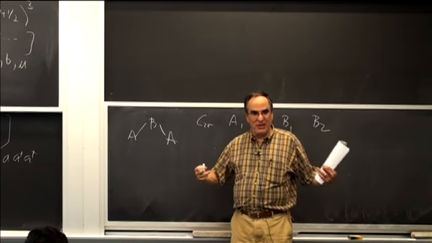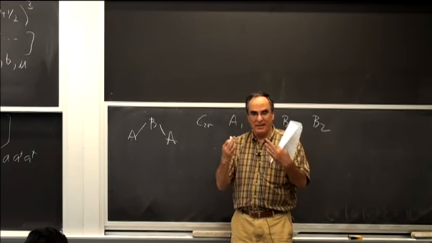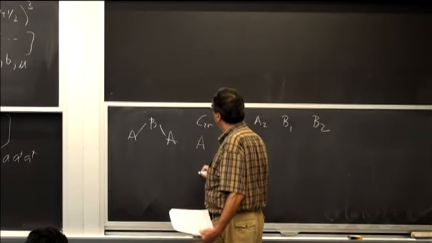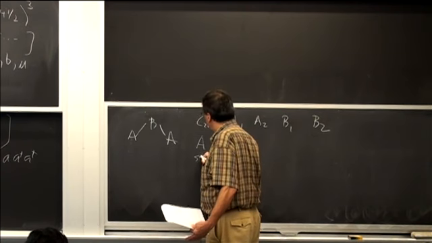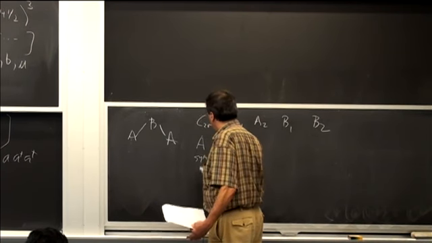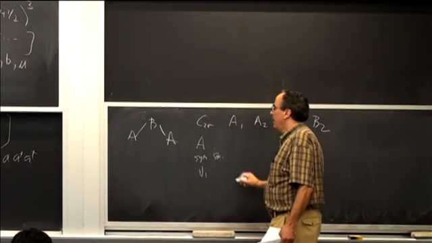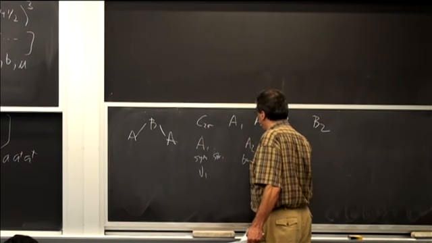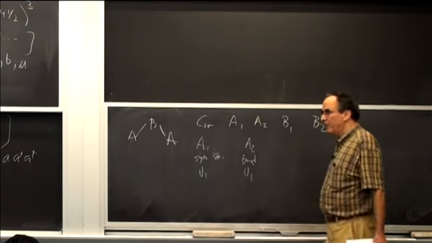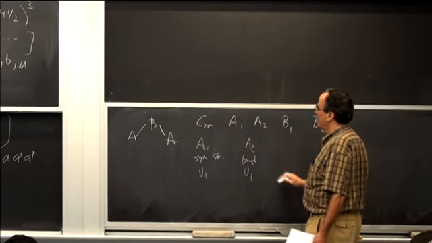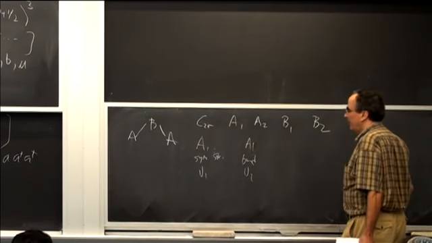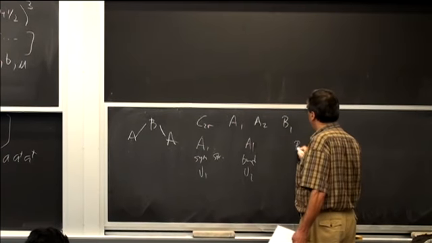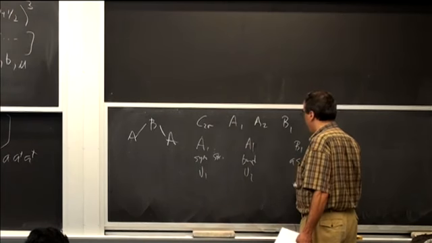There's going to be a symmetric stretch, there's going to be a bend, and there's going to be an antisymmetric stretch. So we have the symmetric stretch, that's nu1, and that'll be A1. And we have the bend, and that'll be called nu2, and that's A1 also. And then we have the antisymmetric stretch, and that's B1. That's nu3.